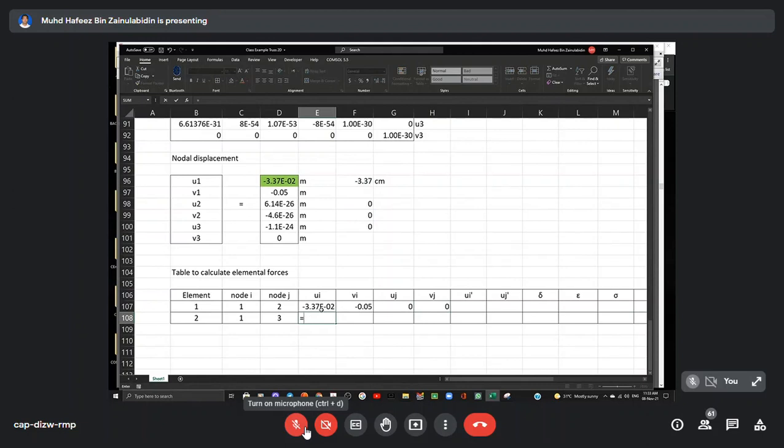Here, okay, U1 is the same. Okay, 3 now, 0.